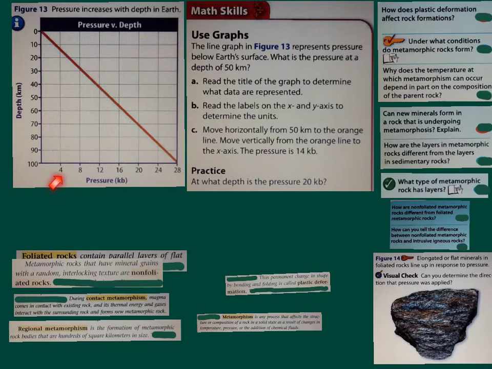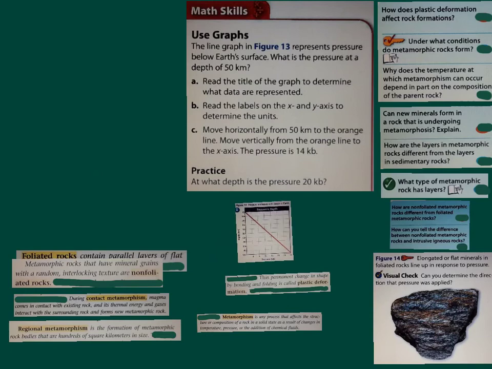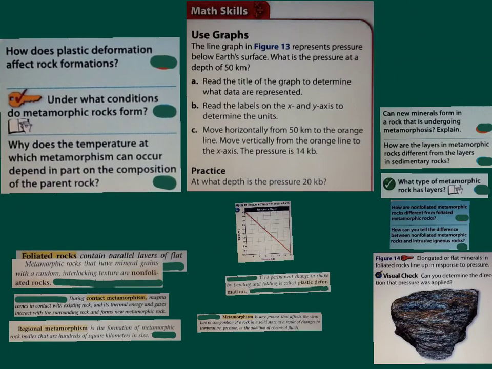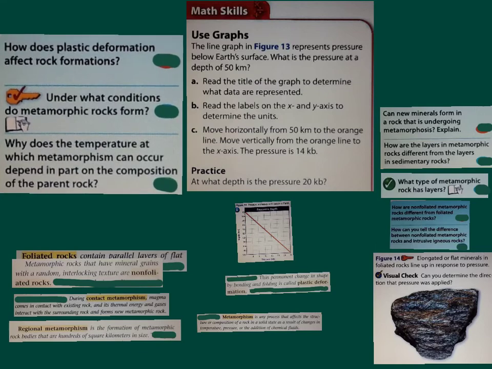All right. Now, what I want you to do, of course, I have questions. You are to pick one other one besides this one. Under what conditions do metamorphic rocks form? You need to write that one, and you need to pick one of the other two.